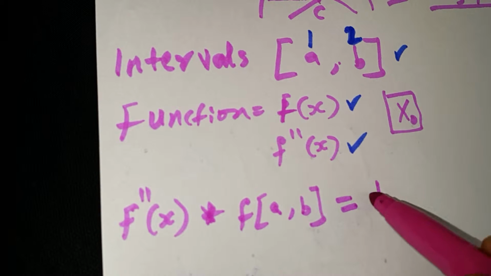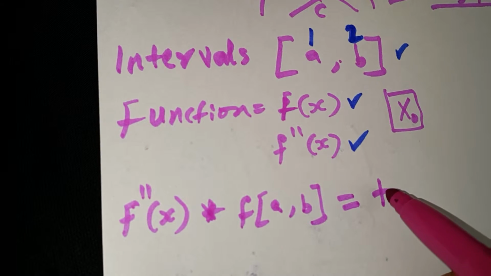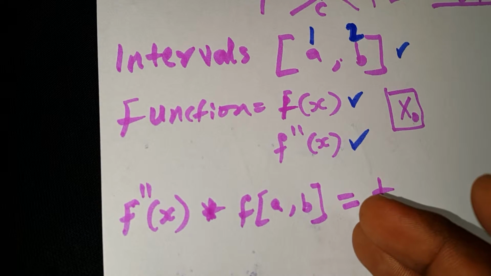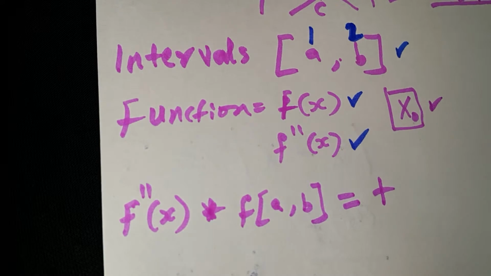It must give you a positive sign. One will give you positive and one will give you negative. The one that gives you positive is our x naught.